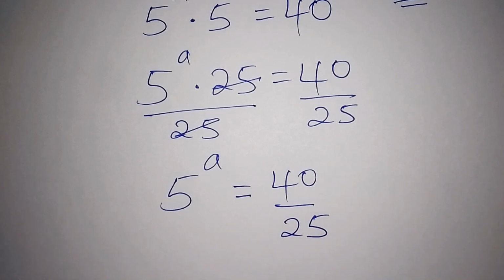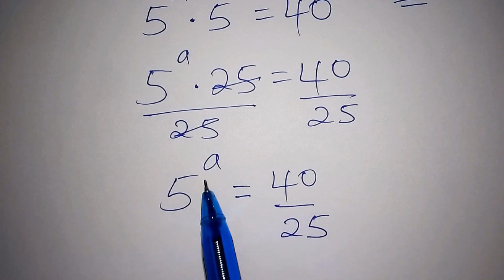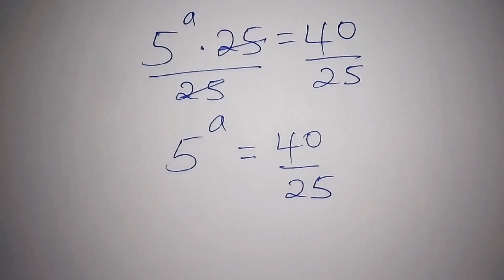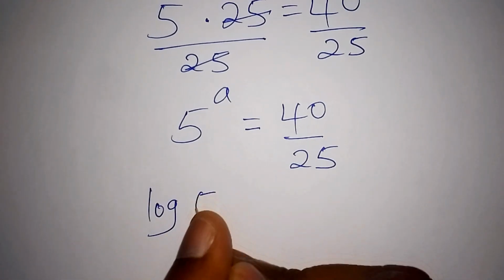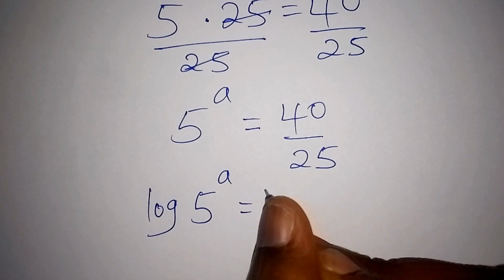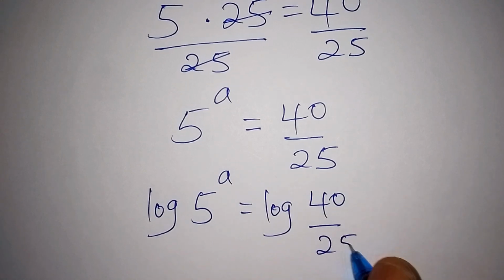The next step is to find the value for a. So now we shall introduce the log on both sides. We have the log of 5 to the power of a is equal to the log of 40 over 25.